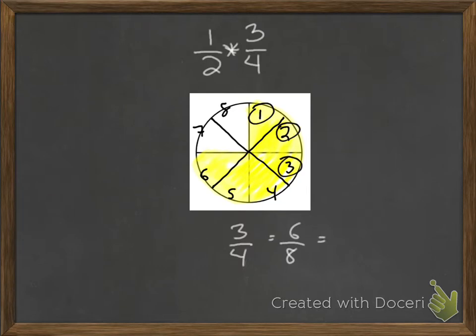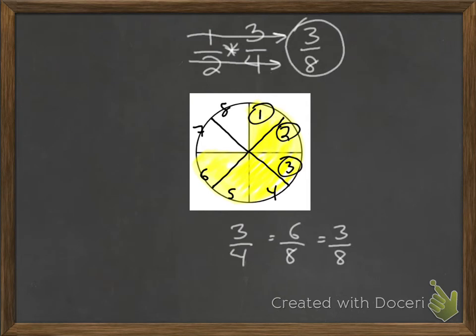Notice that 3 is half of that. And then so basically I end up with 3/8. Okay. So, again, the easiest way to understand this is just 1 times 3 is 3, 2 times 4 is 8.